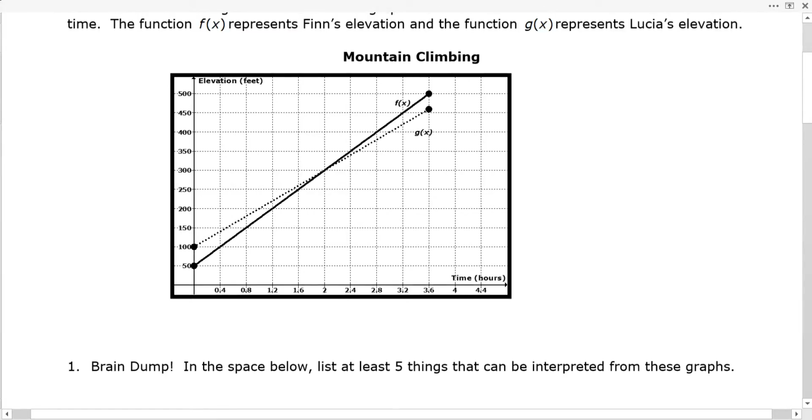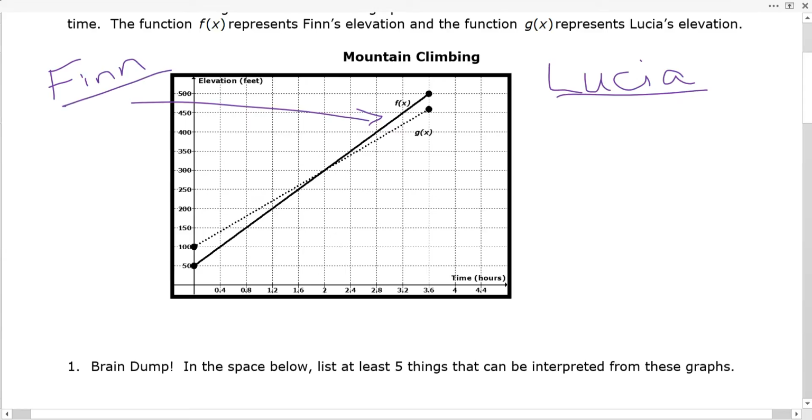So we have Finn is f of x, which is the solid one, and Lucia is g of x, so she's the dotted one. So I guess you might notice that Finn is steeper, which means he's climbing faster.